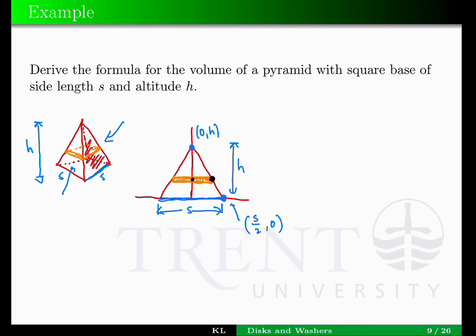It can be obtained by knowing the equation of the line segment of this side of the triangle. But notice, you have the point 0, comma h, and you have the point s over 2, comma 0. So we can easily find the equation of this line.